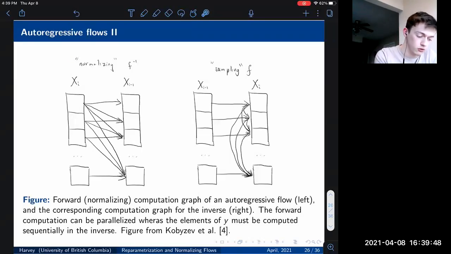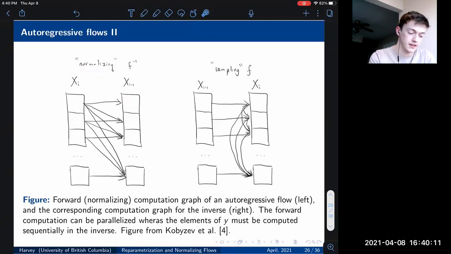For the normalizing direction, when we're computing F inverse, we want to compute this output xi minus 1, and we can do all of this in parallel because each element of xi minus 1, if each of these little blocks represents a dimension of xi minus 1, just depends on some of the dimensions of xi.